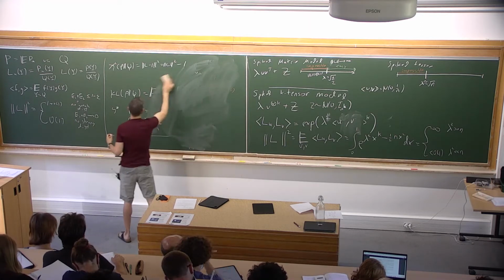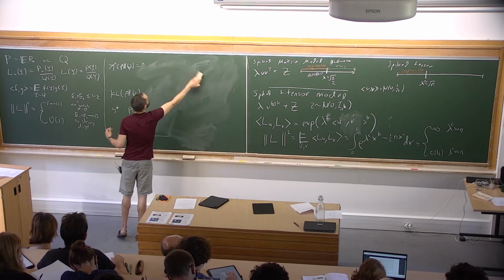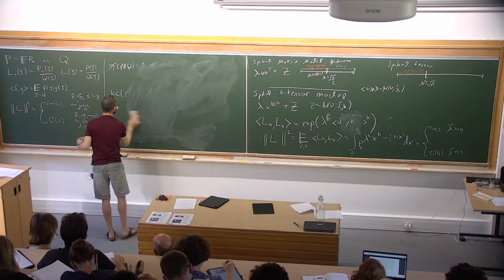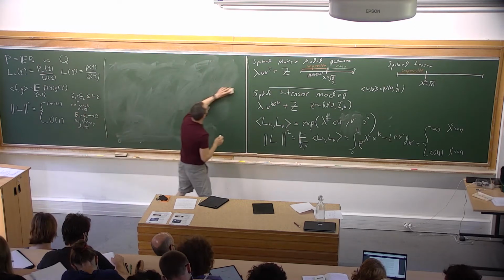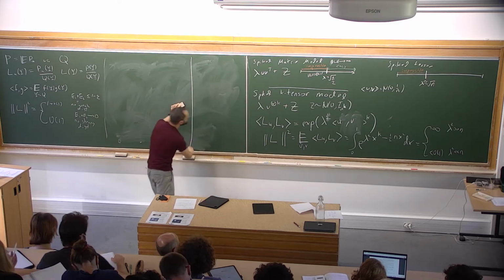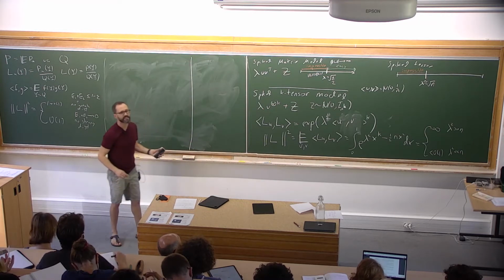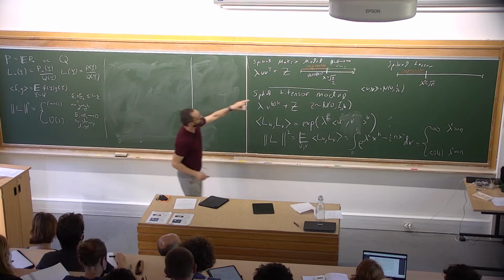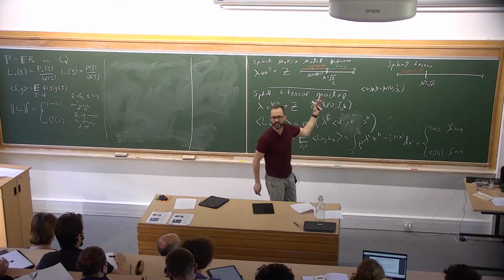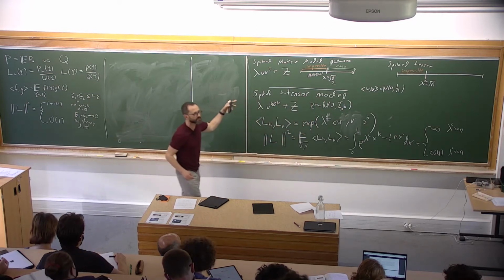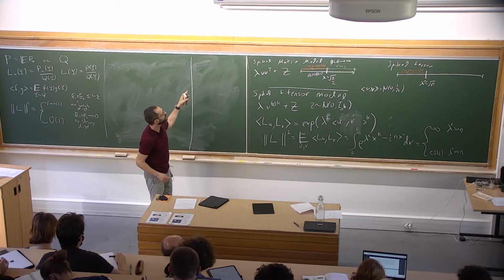Right. So maybe I'll just extend the board a little bit, because we'll dedicate this to the spike tensor problem. So when lambda is smaller than square root n, this is impossible. When lambda is larger than some constant times square root n, then this is possible.